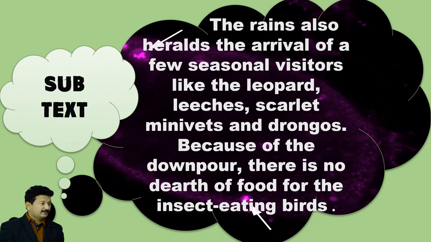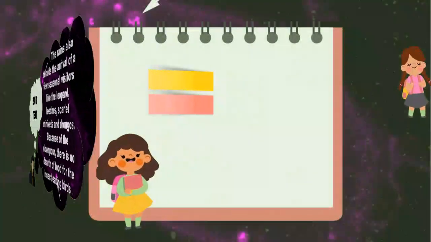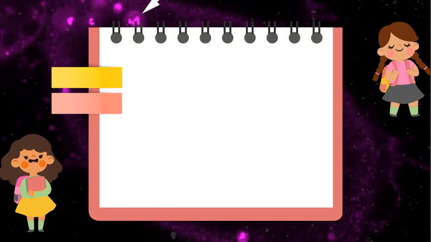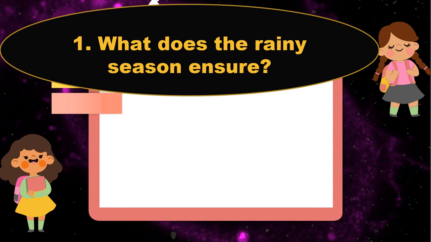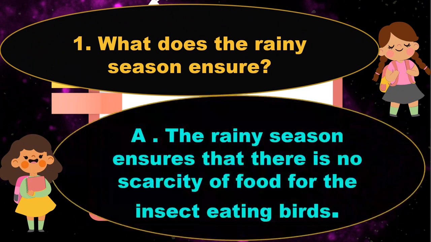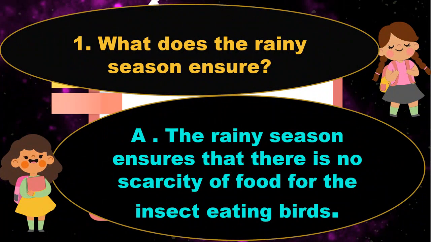Because of the downpour, there is no dearth of food for the insect eating birds. Well, what does the rainy season ensure? Yes, the rainy season ensures that there is no scarcity of food for the insect eating birds. Very good, children.